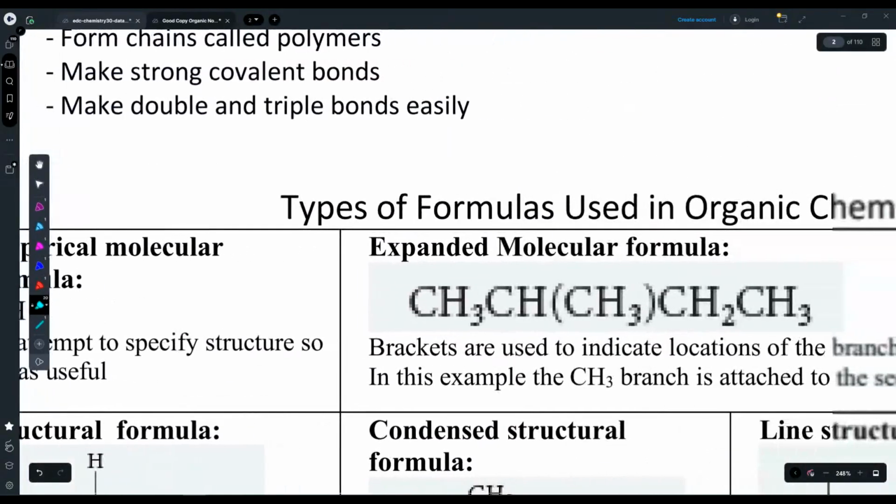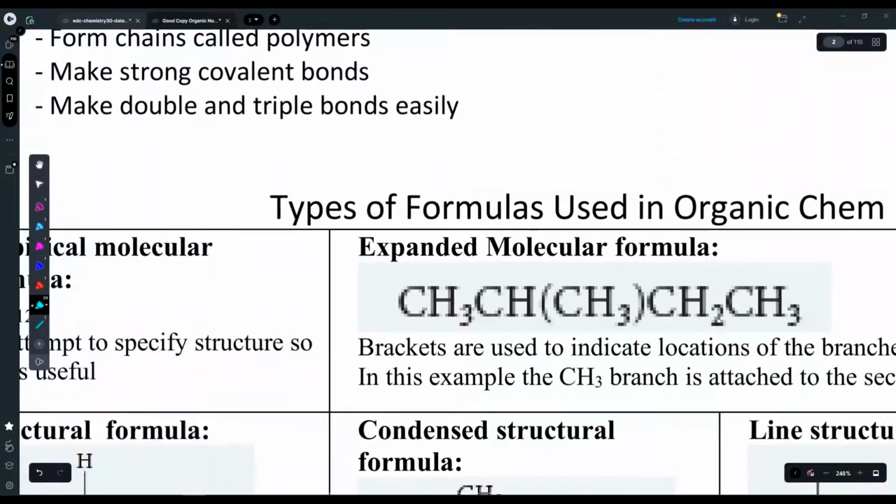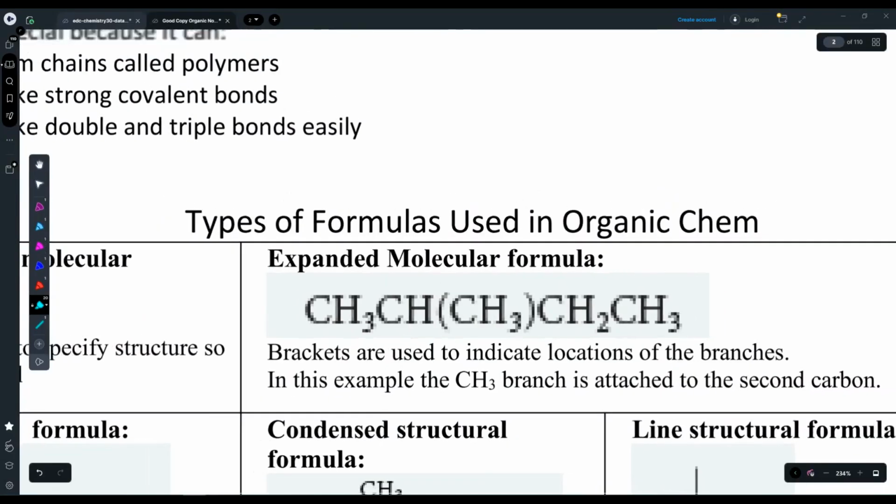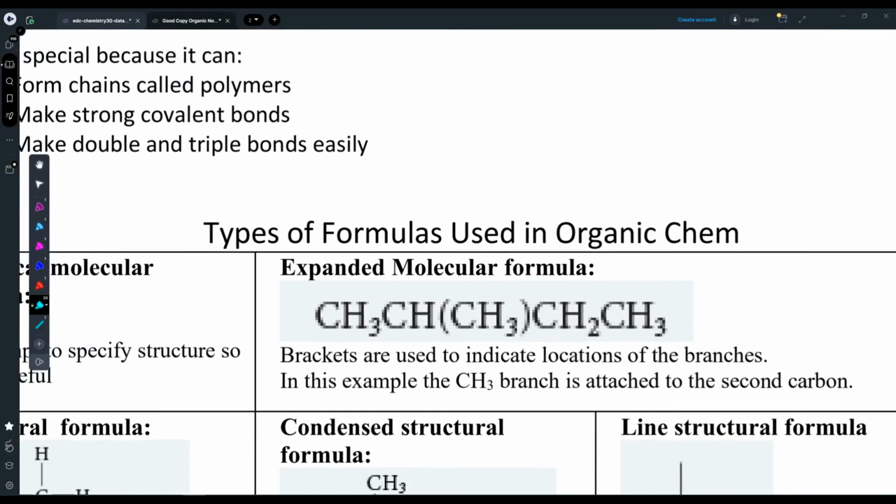Now, the expanded molecular formula uses brackets to indicate the location of branches. So for example, this CH3 here that's in brackets is a branch that is attached to this second carbon right here. That's what this notation means.